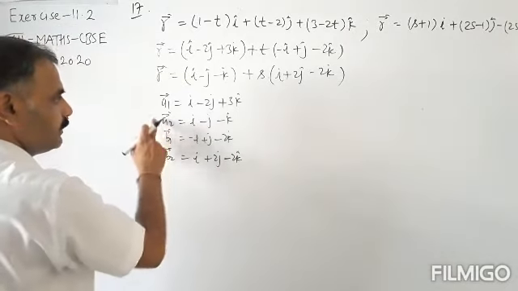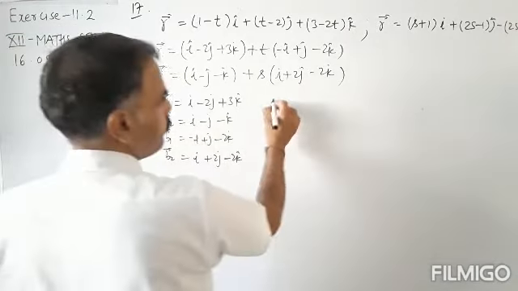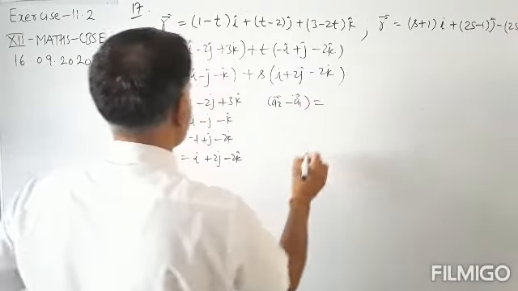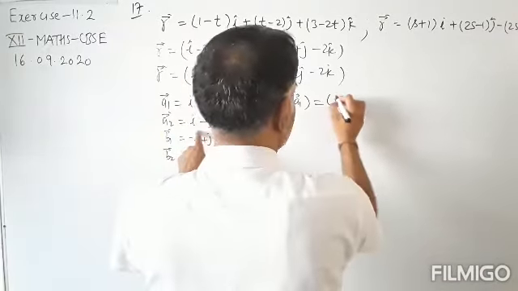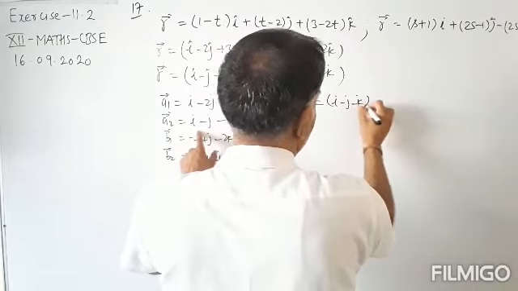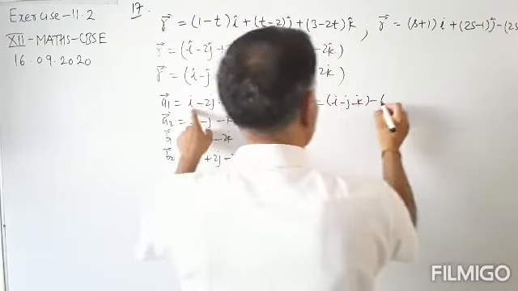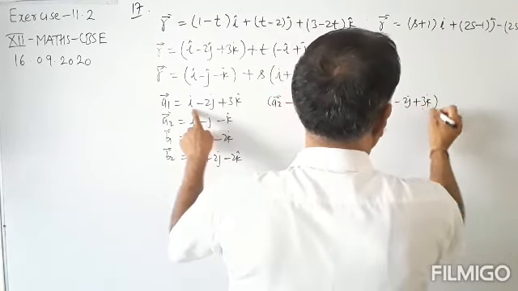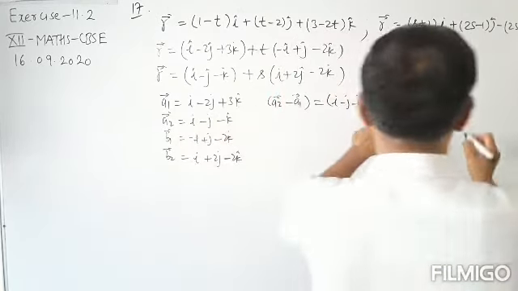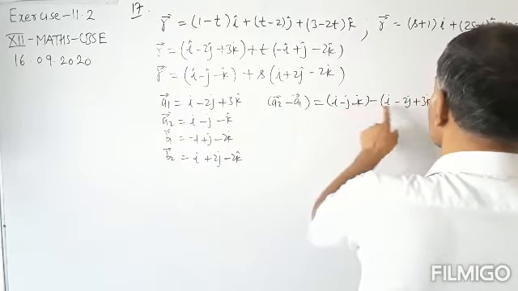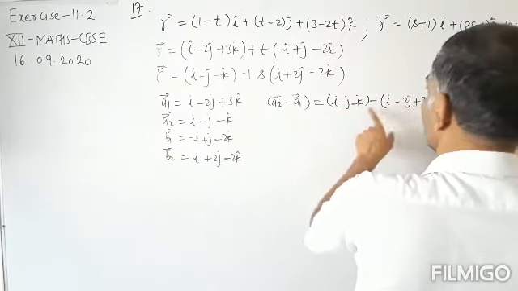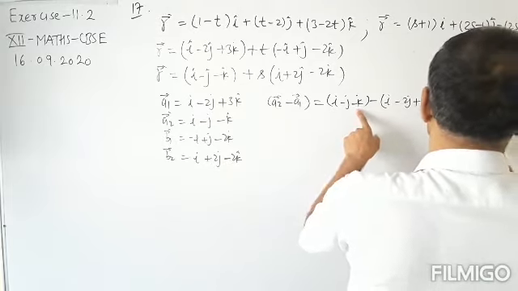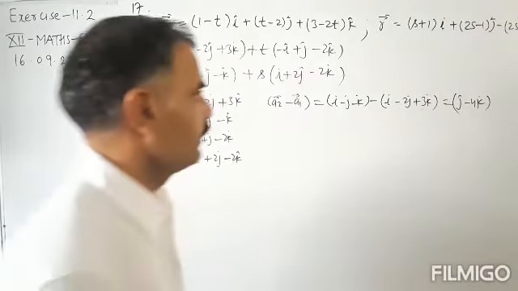Now finding A2 vector minus A1 vector: i cap minus j cap minus k cap, minus (i cap minus 2j cap plus 3k cap), equals 0 i cap plus j cap minus 4k cap. So j cap minus 4k cap.